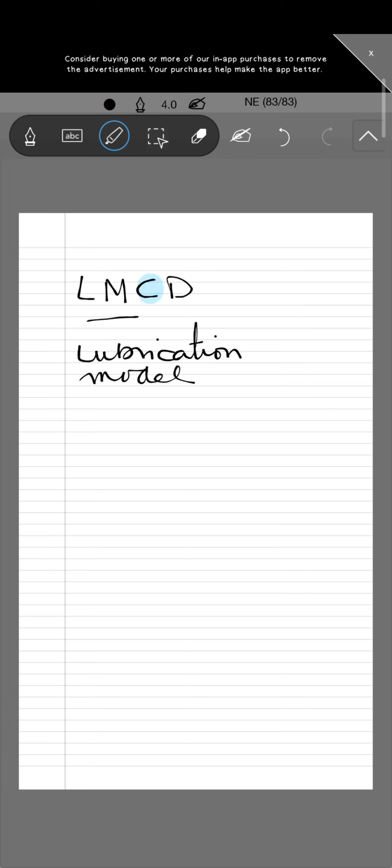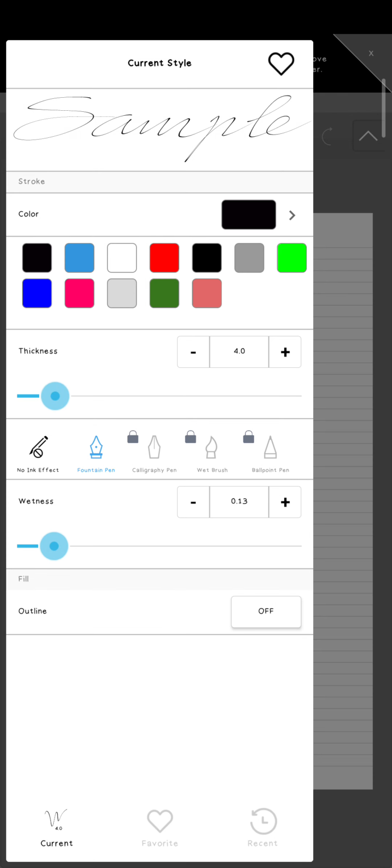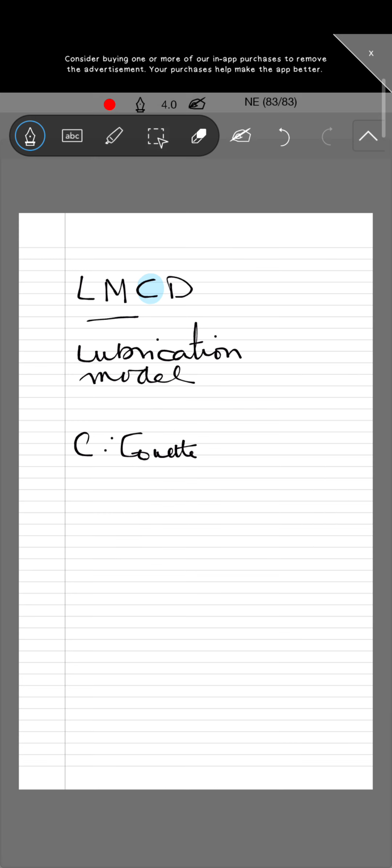The C is called the Couette flow, and this is basically a shear driven flow.